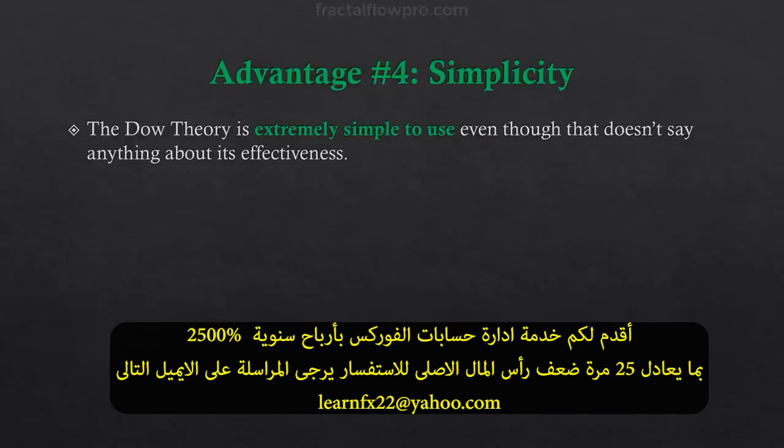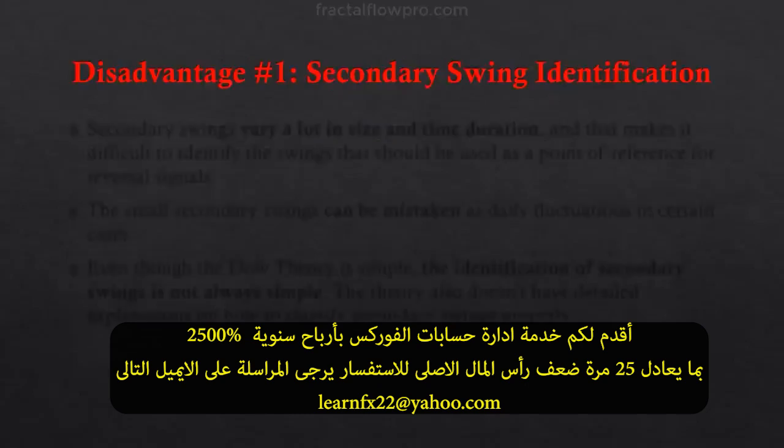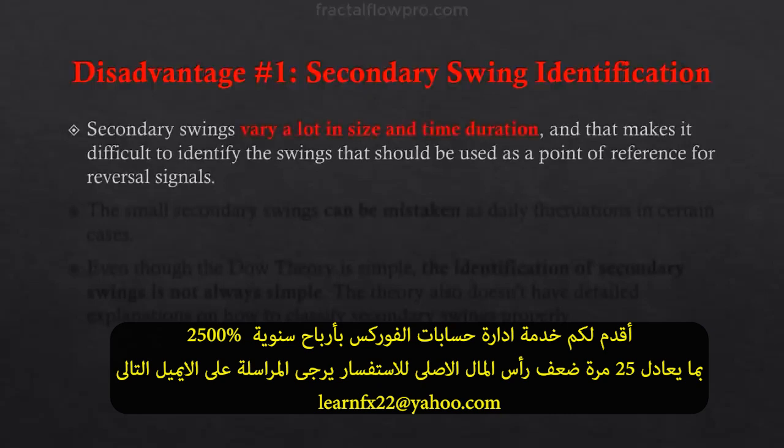Let's begin first by talking about the problem of identifying secondary swing highs and lows, which is a prerequisite for the detection of reversal signals. Secondary swings are similar to waves in the simple analogy made earlier. The problem is that the secondary swings vary a lot in size and time duration, and that makes it difficult to select the right swings in real time for the detection of reversal signals.